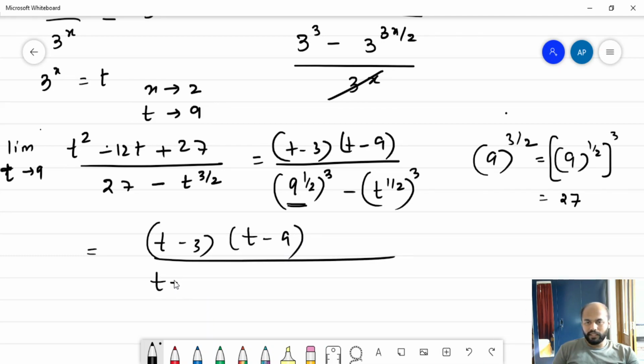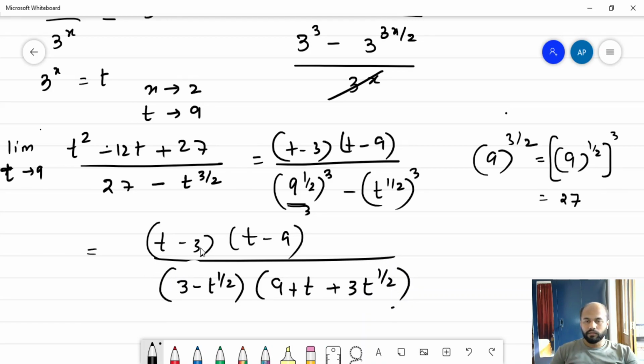This part is going to be written as 3 minus t raised to half, because a is 3 and this is t raised to half, a minus b, into a square plus b square plus ab, that is 9 plus t plus 3t raised to half. That's what we get.